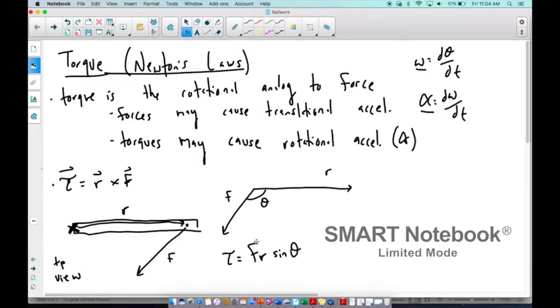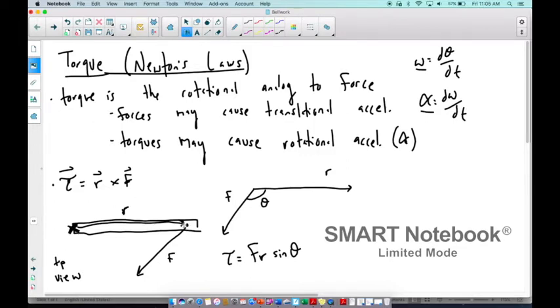The reason for that is that I'm interested in what's causing the rotation, and to cause rotation I'm always going to have to apply a force that has some perpendicular component to this position vector drawn from the axis of rotation to the point of application of my force.